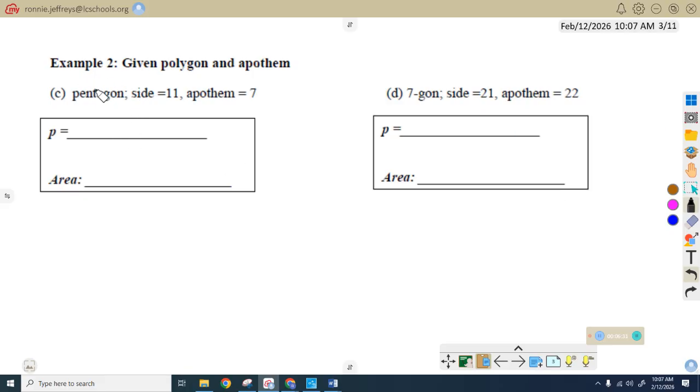Alright, a pentagon. How many sides is a pentagon? 5. So we would say 5 times 11. This is 55. Now, we're not given any units of measure, so it's just 55. Alright, to find the area, this is 1/2 times 55 times 7.